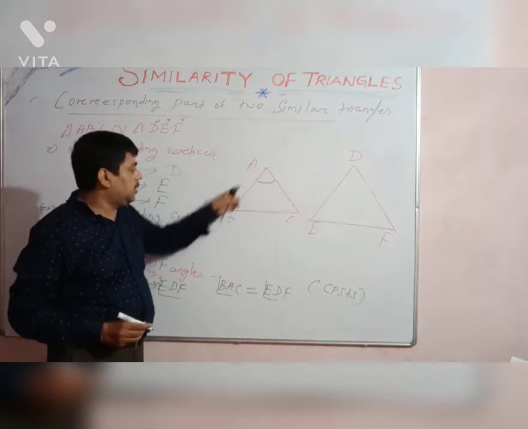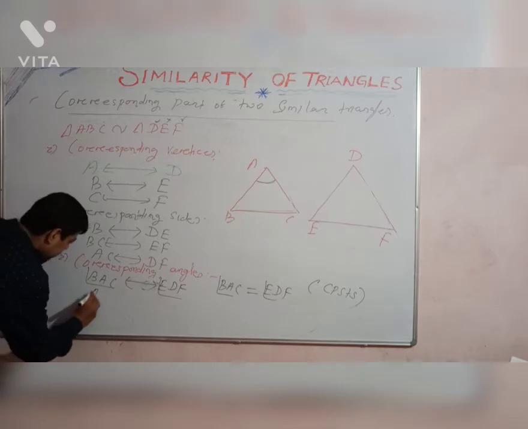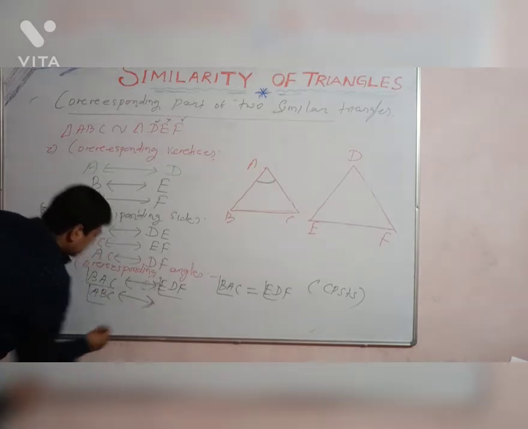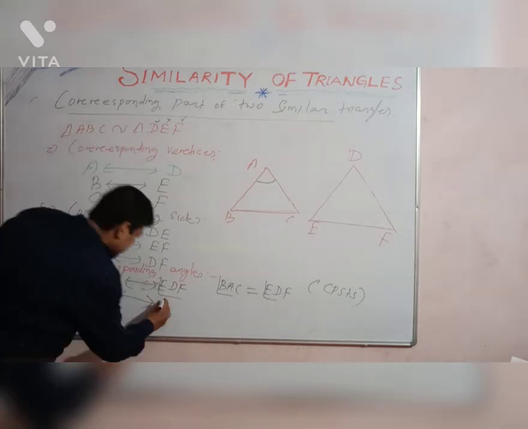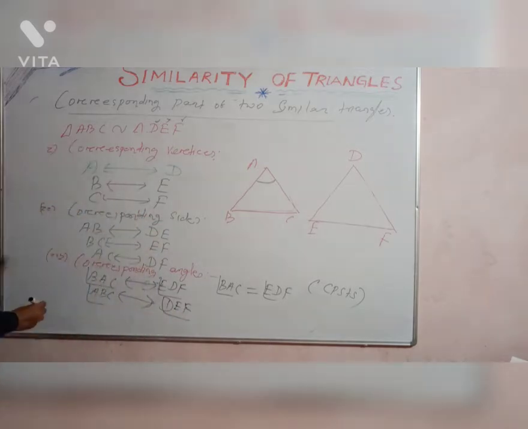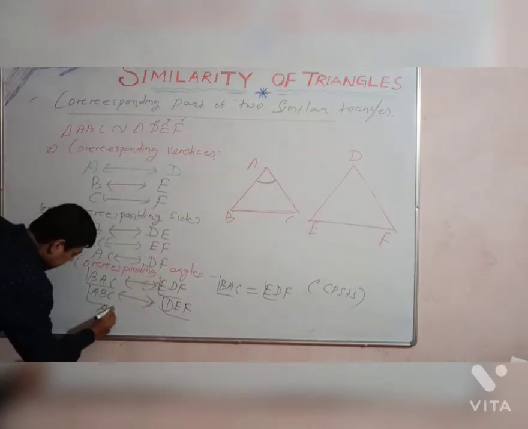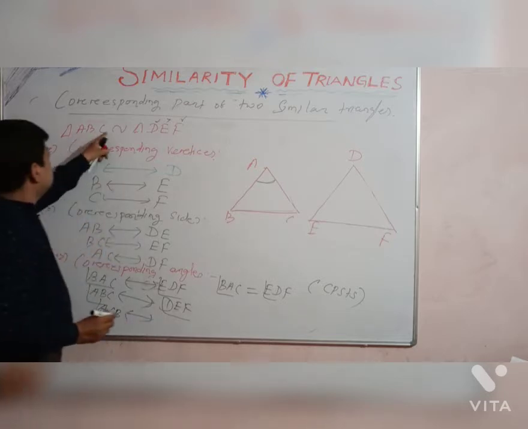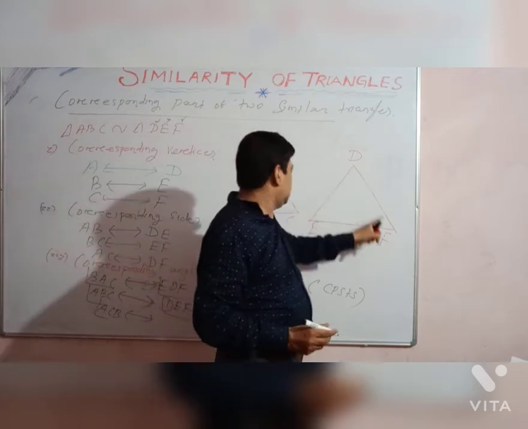Angle B means angle ABC. The corresponding part of angle ABC is angle DEF, so angle ABC is equal to angle DEF. And another one: angle C means angle ACB. Its corresponding part, angle ACB, must be equal to angle DFE.